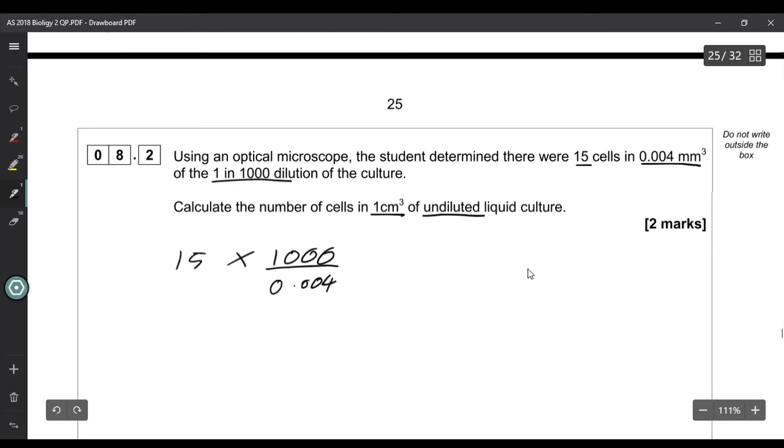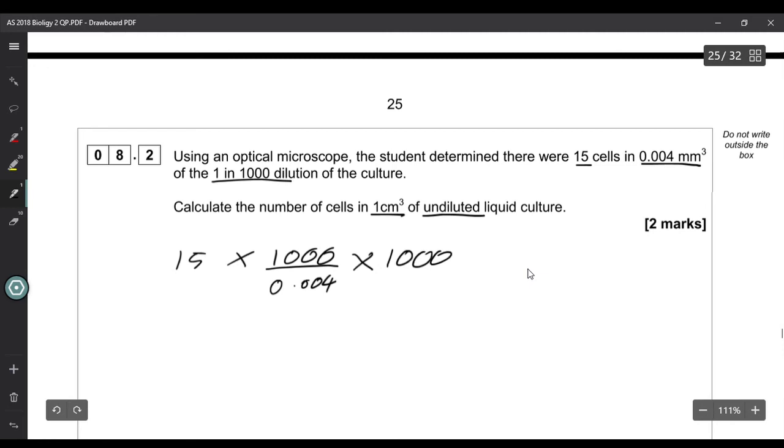This part of the equation is telling us how many volume samples it would take to make up a cubic centimetre. Now we know that this dilution of the solution we used was a 1 in 1,000. So to work out how many would be in the undiluted liquid culture, we just multiply this value by 1,000.